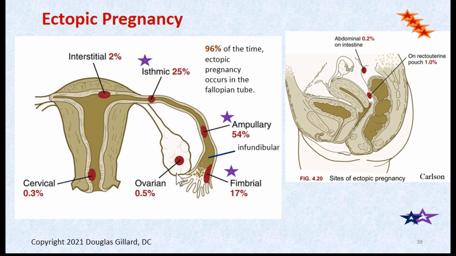So it can get stuck on the ovary, so a baby could grow, the sperm could come right out here and impregnate or fertilize this egg right on the ovary. It could get stuck anywhere in the pelvic cavity, in this rectouterine pouch or the pouch of Douglas, about 1% occur here. And so it can occur in the pelvic cavity as well. It's rare. It can occur at the top of the fundus of the uterus about 2% of the time.